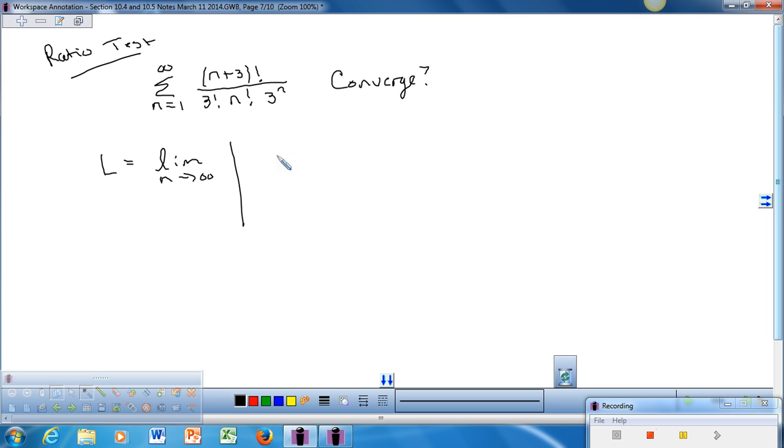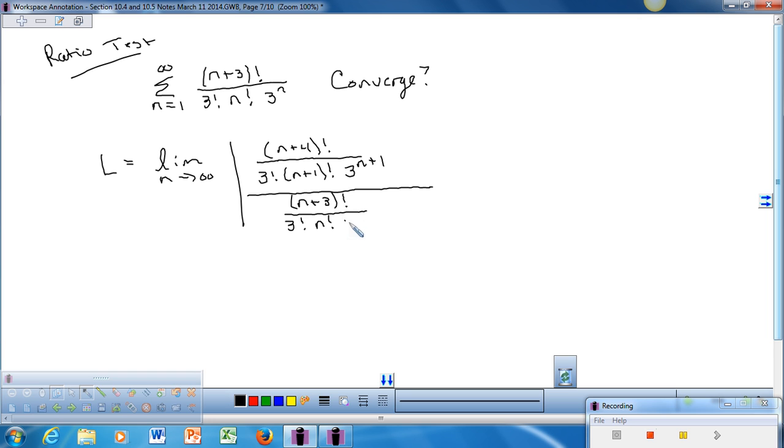So on top I have (n plus 4) factorial over 3 factorial, (n plus 1) factorial, 3 to the n plus 1. All of that over the nth term, which is (n plus 3) factorial over 3 factorial, n factorial, 3 to the n.